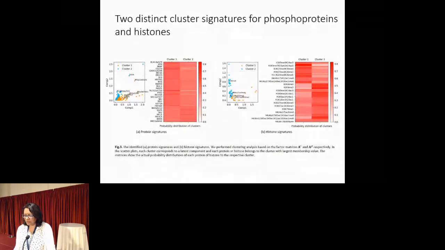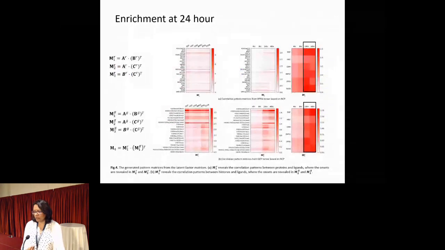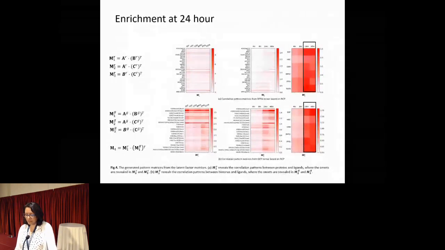From the augmented matrices, which were generated by looking at the latent factors that we got from A and B, this essentially tells us the interactions between the phosphoproteins and ligands, and here the ligands at the various time points.